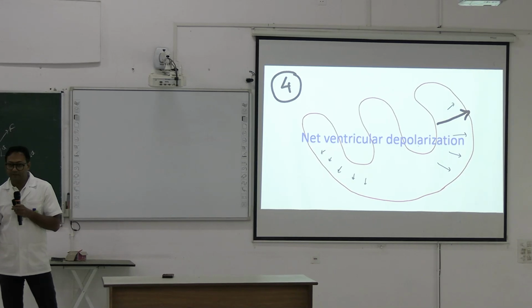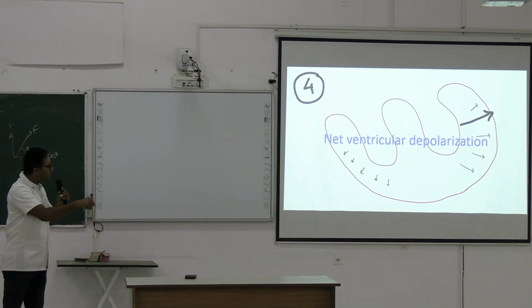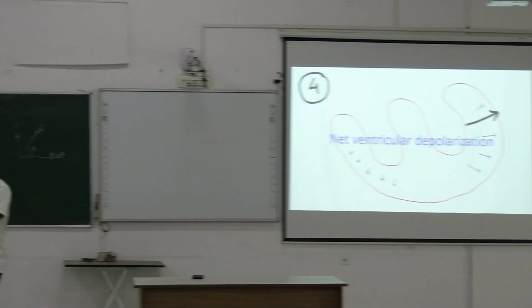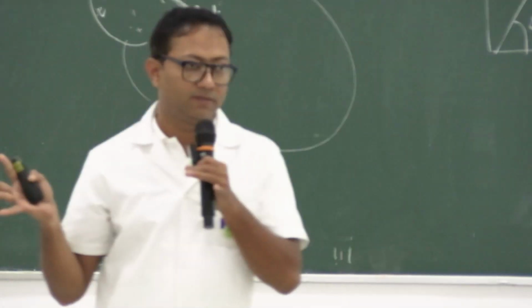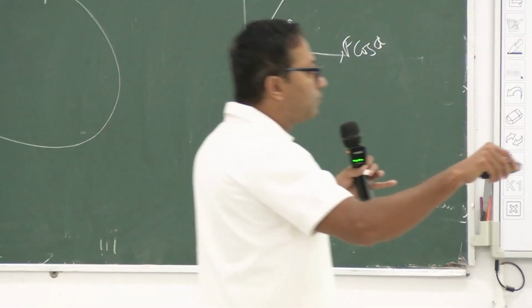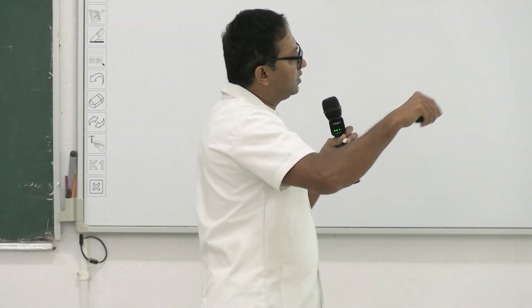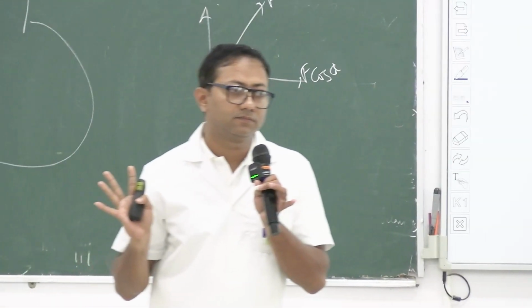vectors, right? Now all these small vectors which are depolarizing the right ventricular free wall and left ventricular free wall are operating simultaneously. You can see the small vectors which are depolarizing the left ventricle and the small vectors which are depolarizing the right ventricle are taking place in the opposite direction, right?